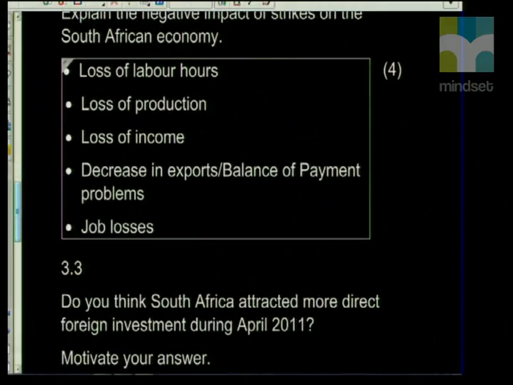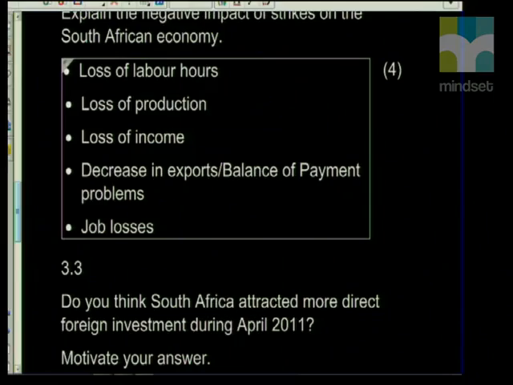Loss of income, decrease in exports. How do exports decrease? If little production is taking place in the mining sector, our exports become very expensive. If we have to buy gold from us instead of Russia, people compare.